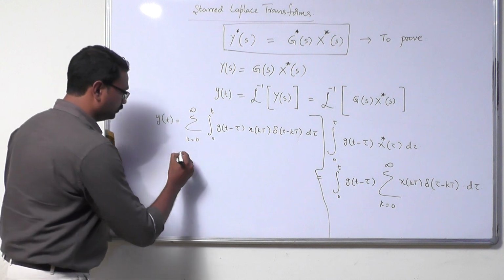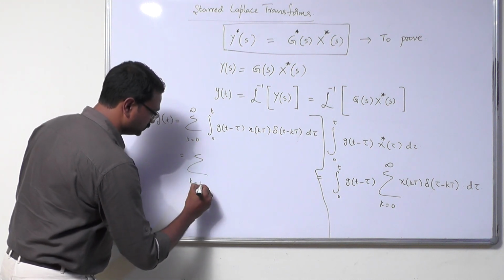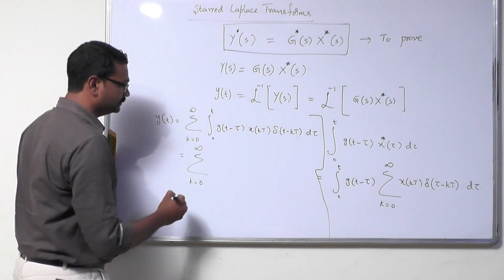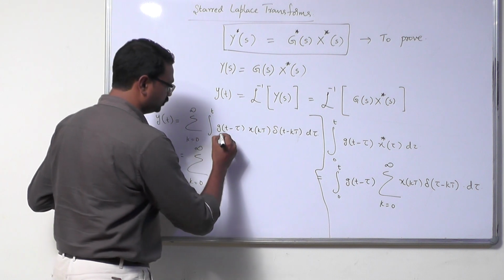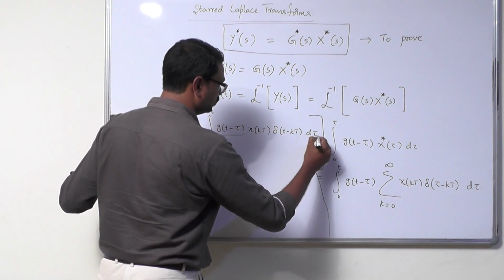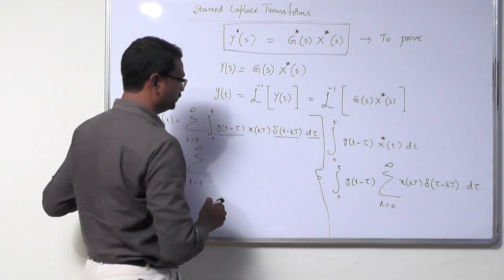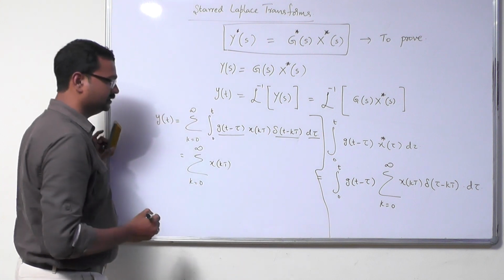Right. So with this in mind, you can say that sigma k is from 0 to infinity, and this integration is happening between g of t minus tau d tau and del t minus kt. So I can replace this x of kt here.